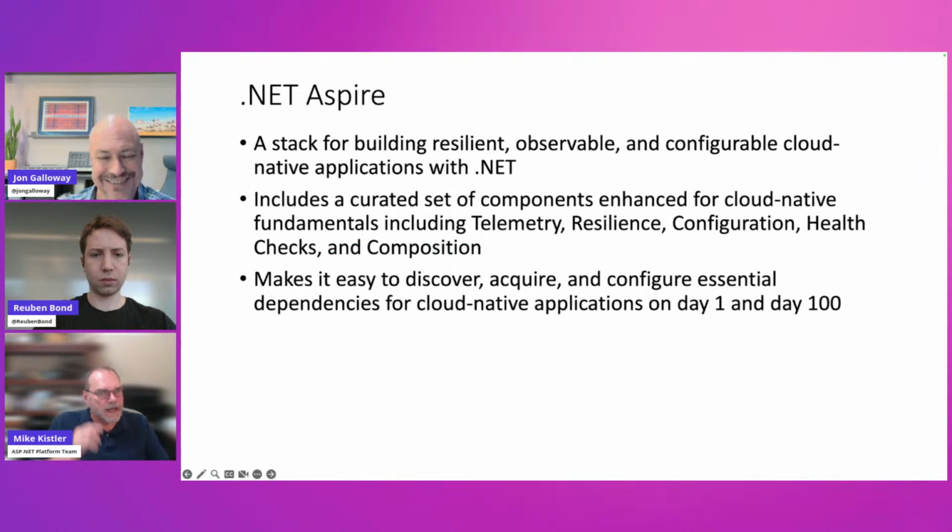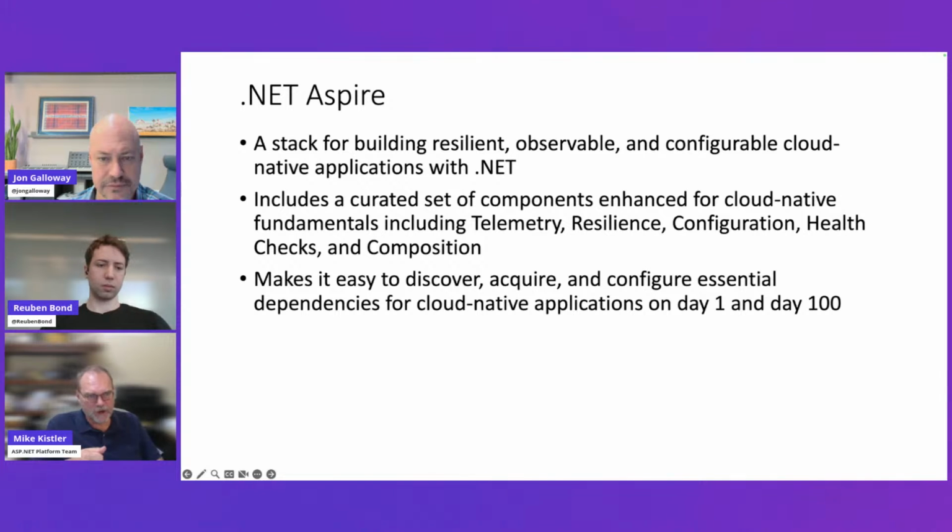And finally, .NET Aspire. So I'll tell you about the Orleans support in a minute, but for those of you that don't know, .NET Aspire is a new feature in .NET. It's a stack for building resilient, observable, and configurable cloud-native applications with .NET. It takes this curated set of components and builds them into an application that has built-in telemetry and resilience, configuration, health checks.